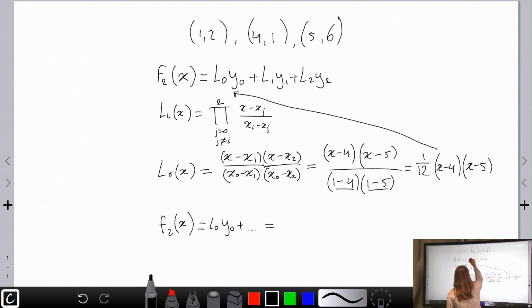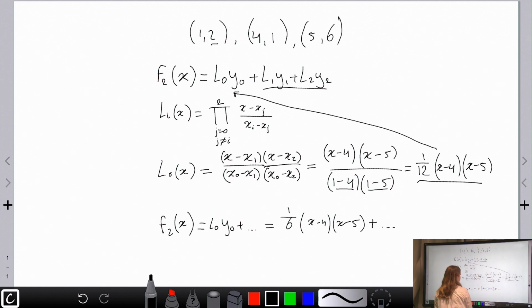We have y naught is going to be 2, so we'll have this function L naught times 2, so it's going to be 1 over 6 x minus 4 x minus 5 plus these 2 other terms that I will not be going over.